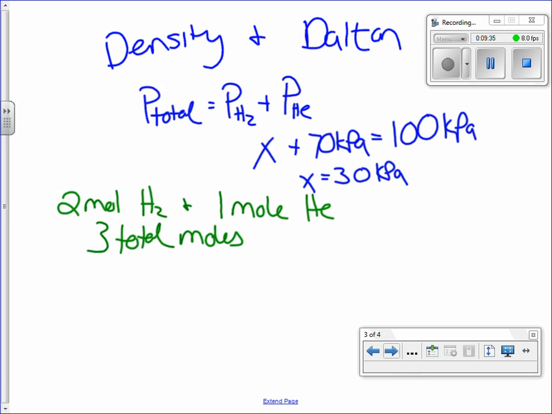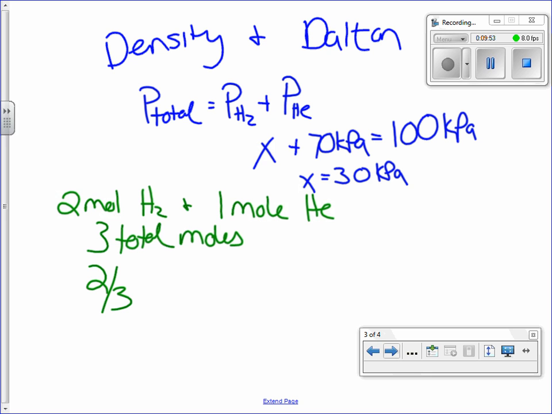So my whole sample is 3 moles of gas, okay? That's the whole. The part is the number of moles of each thing. So if I care about the number of moles of hydrogen, it would be 2 out of 3. So it's 2/3 hydrogen and 1/3 helium.